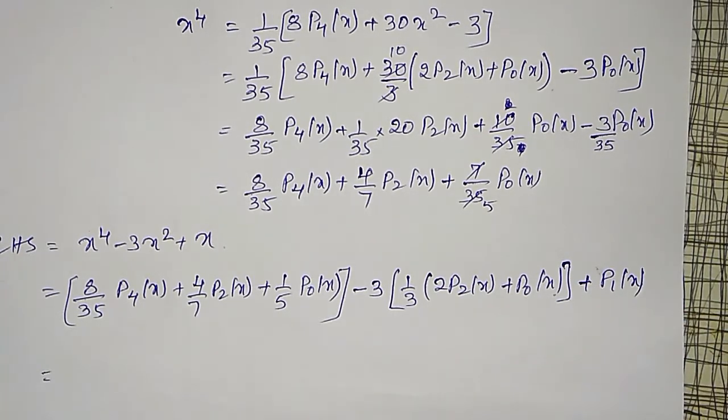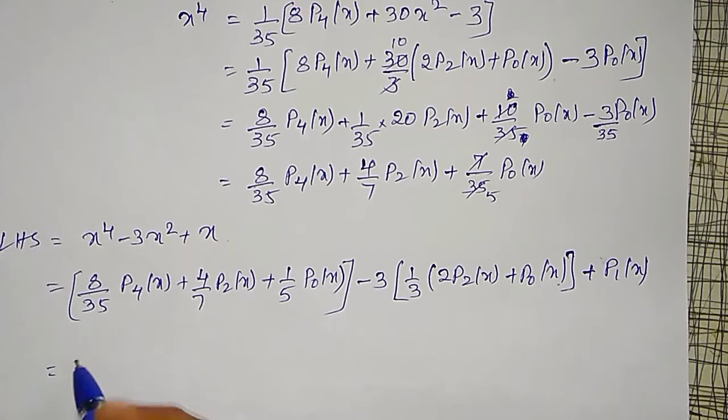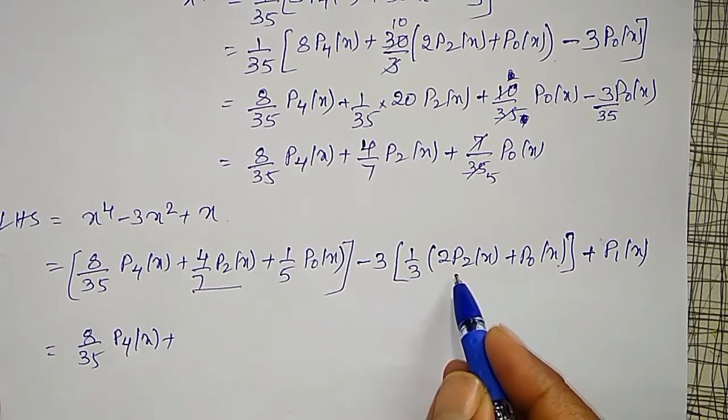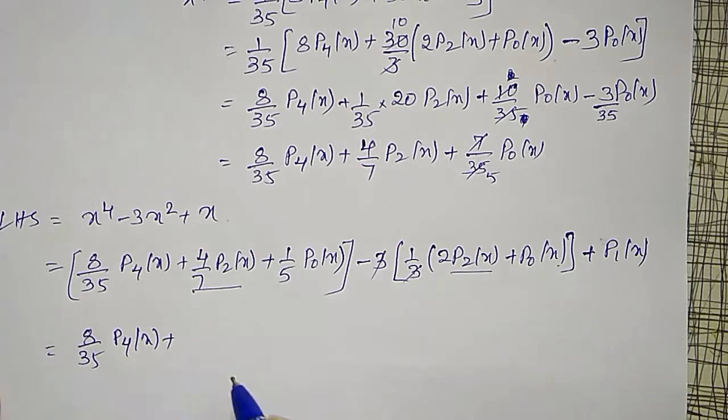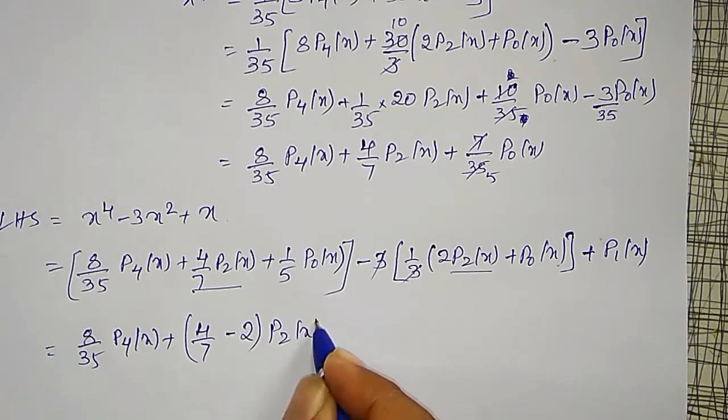Then simplifying this, for P4 only one term, 8 divided by 35 P4 of x. P3 is not there. P2 contains two terms, and here 3 cancels, therefore 4 by 7 minus 2 into P2 of x.